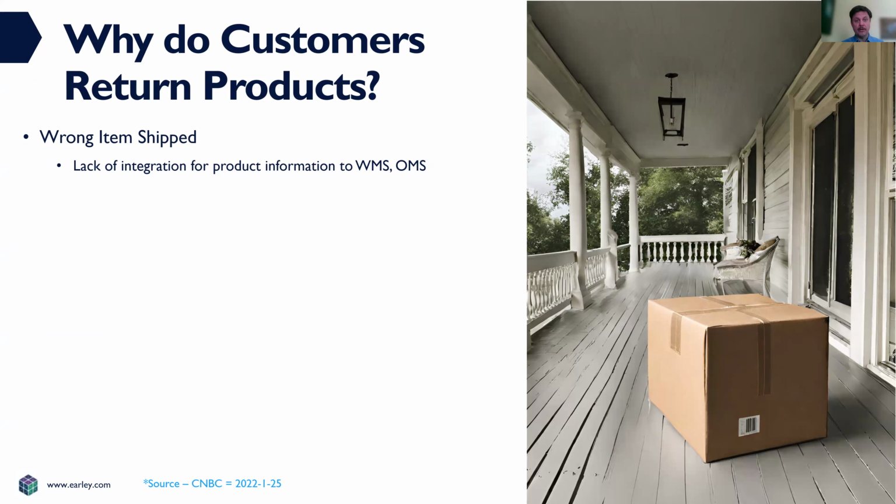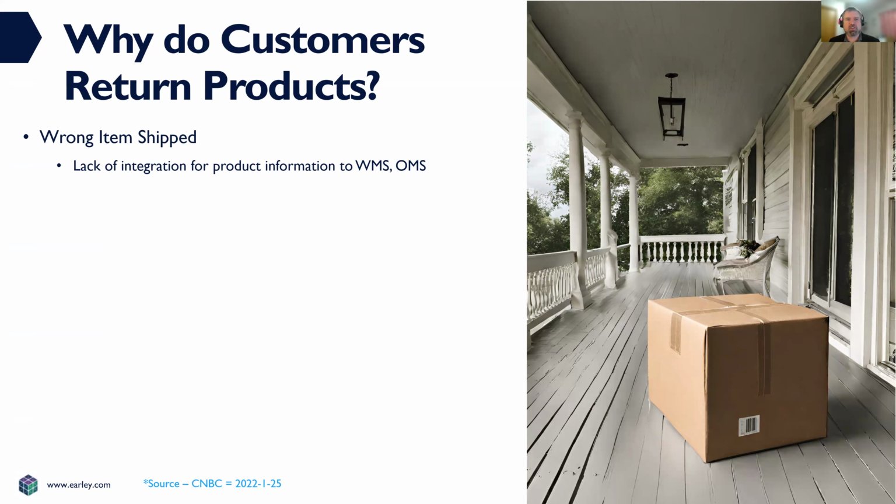This could be around package quantities. It could be around just the identity of the item itself, the color of the item, the size of the item, and so this is where maybe probably less than 10%, but this is a healthy chunk of returns coming from just shipping the wrong item.